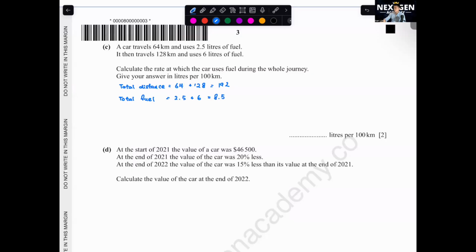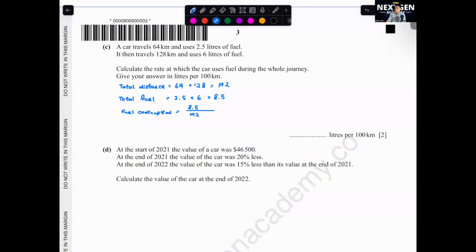Okay, how do we do this fuel consumption? Fuel consumption equals to, oops, sorry, it's the other way around. 8.5, because rate means fuel per distance. So 8.5 divided by 192.